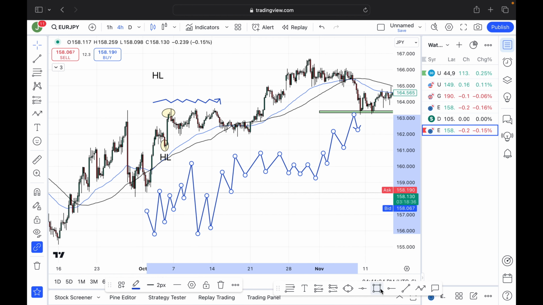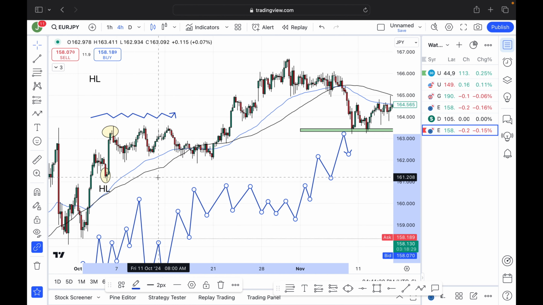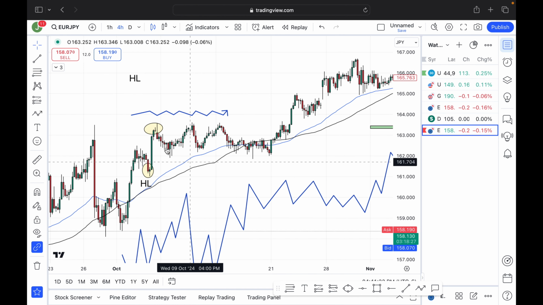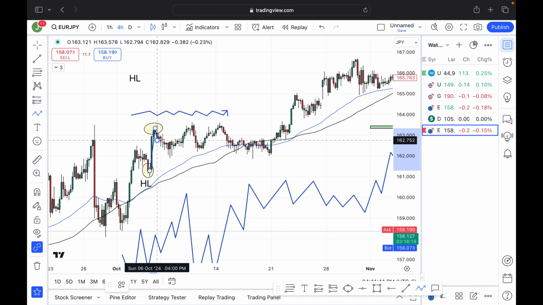You can use the line chart to help identify the market, because the candlesticks can get quite confusing, right? So with the candlesticks, it kind of looks like we're in a downtrend.